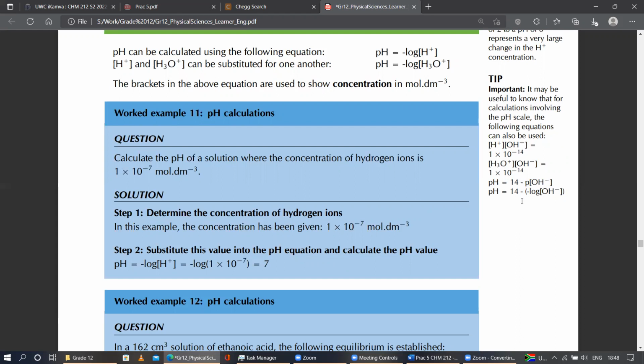Sometimes instead of the hydronium ion, you can have the hydroxyl ion.